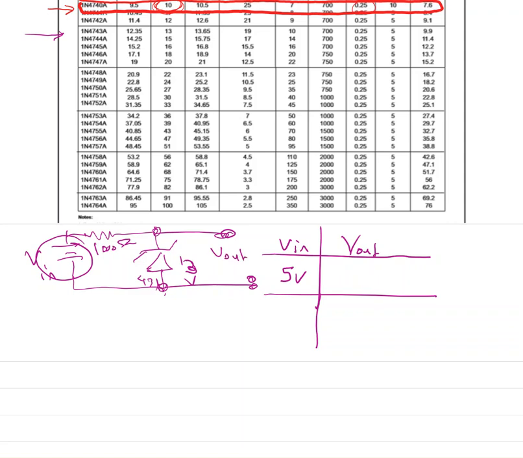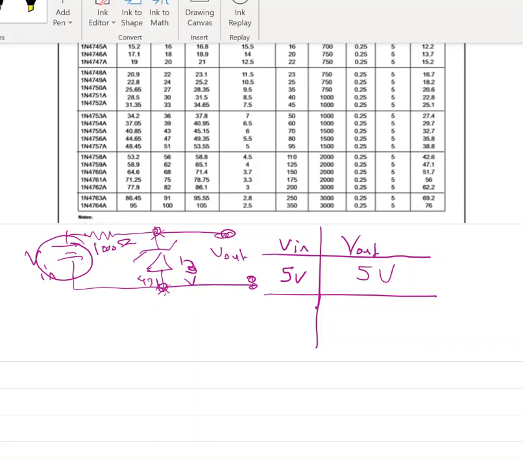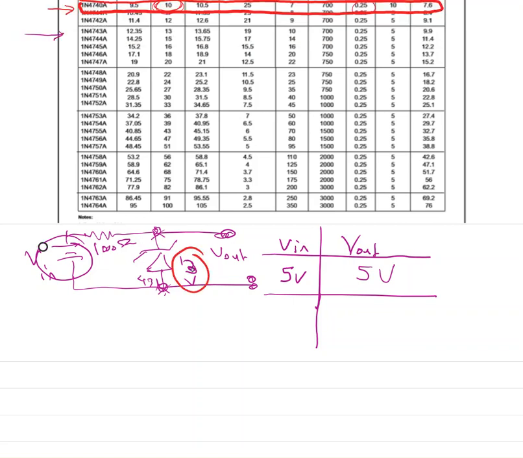The voltage should be equal to 5 volts. Be careful, because this voltage, which is 5, is less than the breakdown voltage of the Zener diode. We should have at least 13 volts in order to have a breakdown current and therefore breakdown the voltage.